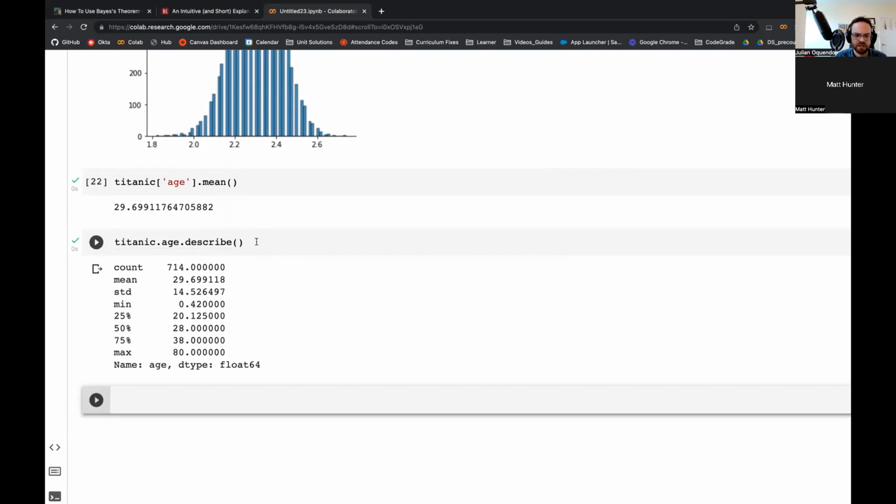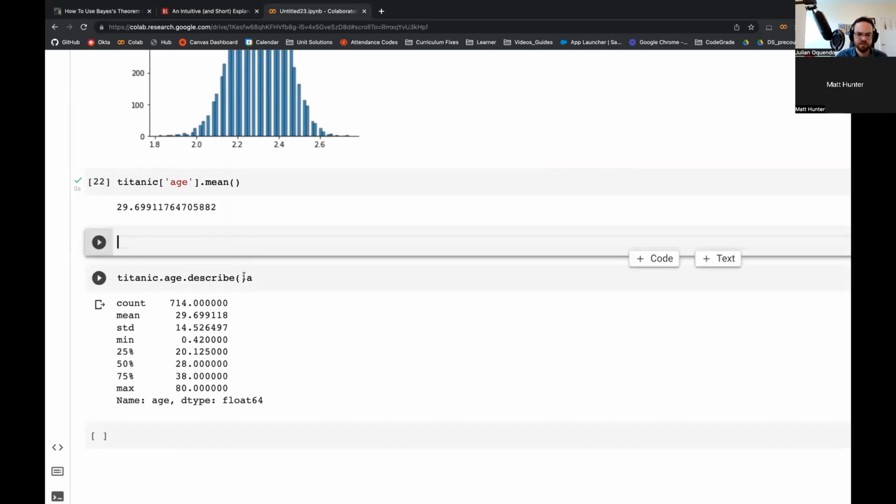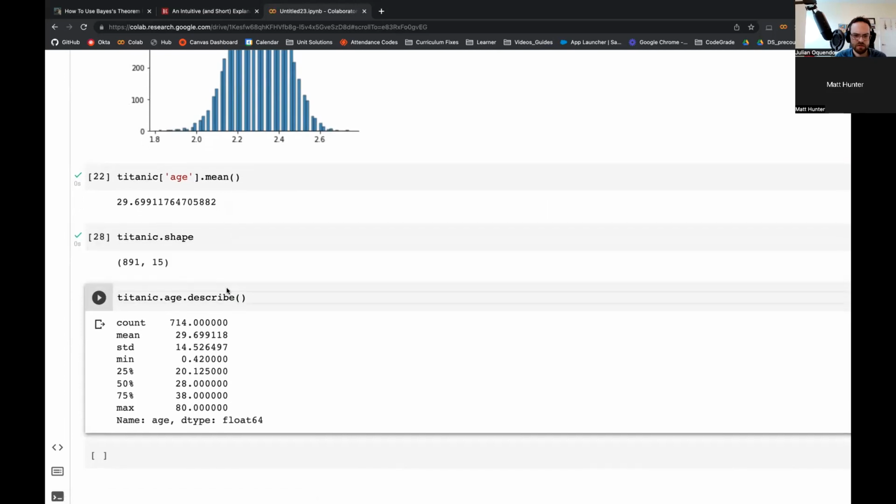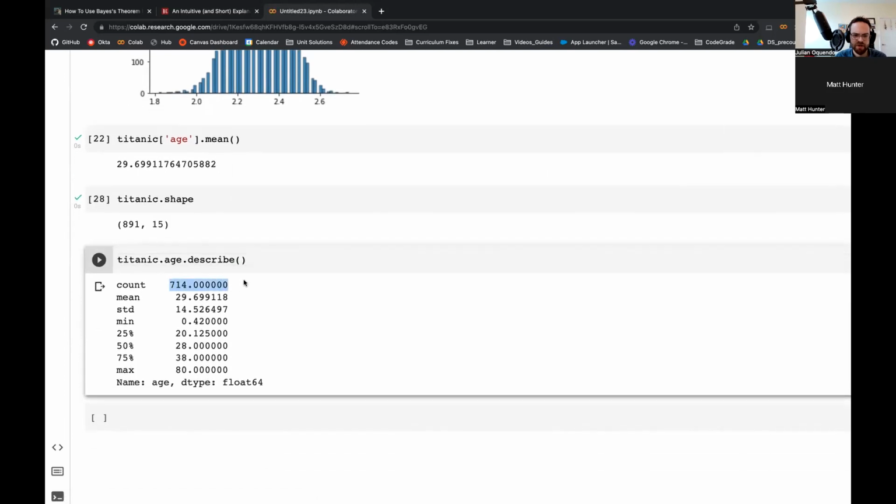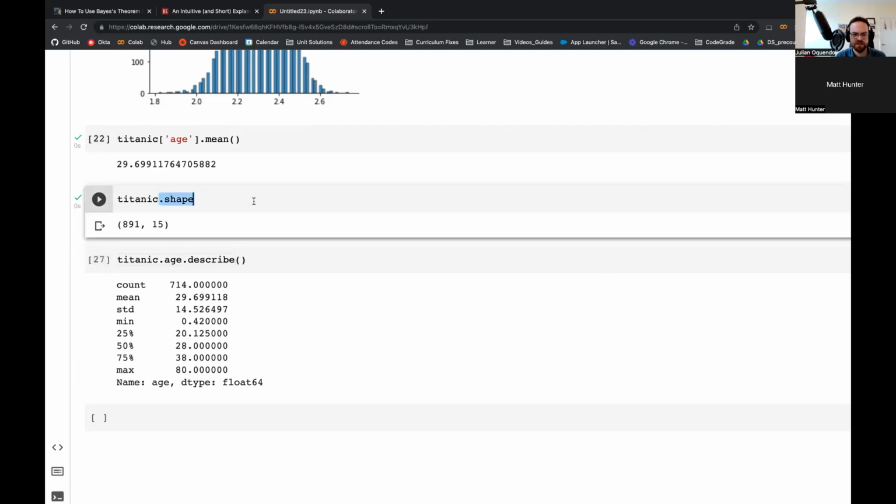Count 714. Titanic shape. Aha, okay. I've got some null values that are throwing everything out for a loop. Okay, so let's adjust our data set for a second.